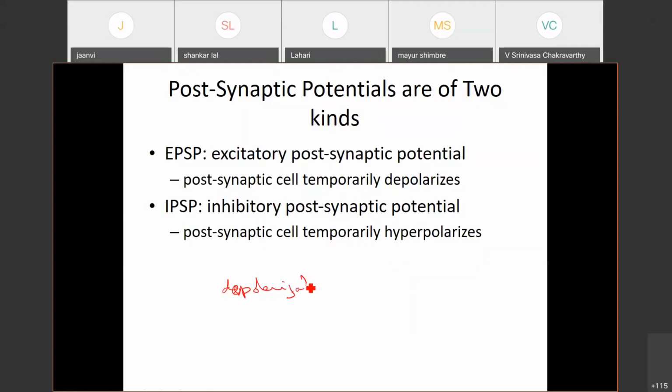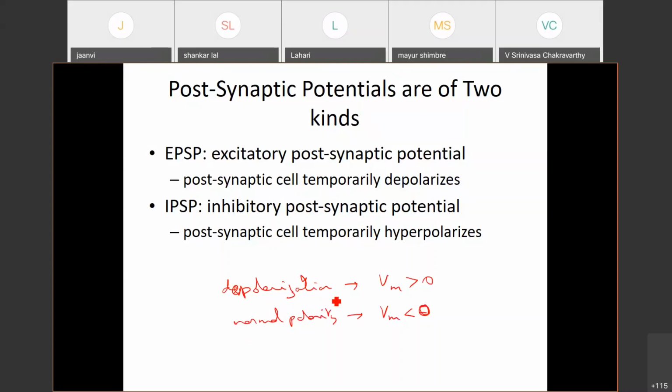Depolarization means VM is greater than 0, because the normal polarity of VM is negative. So when the action potential is generated, the membrane gets depolarized. That means the voltage becomes positive.